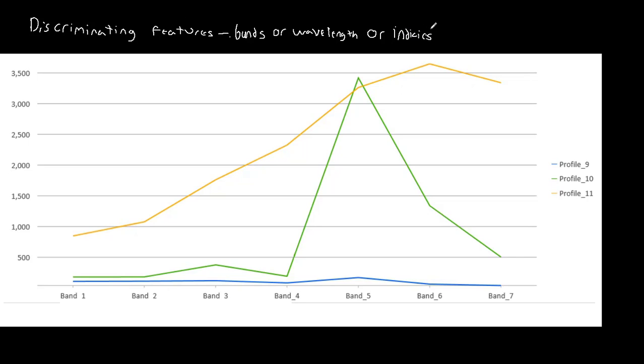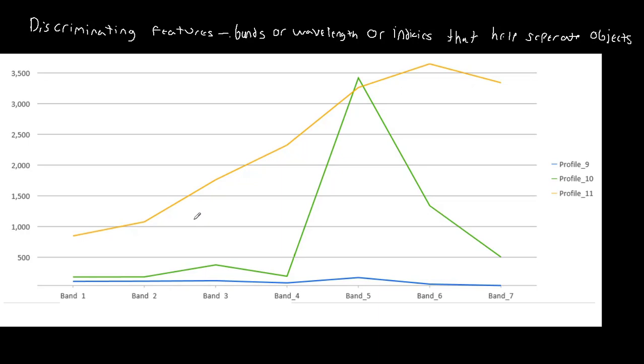Basically, they're anything that we can calculate in remote sensing that helps separate objects. And spectral profiles really are a great tool in helping identify these discriminating features.